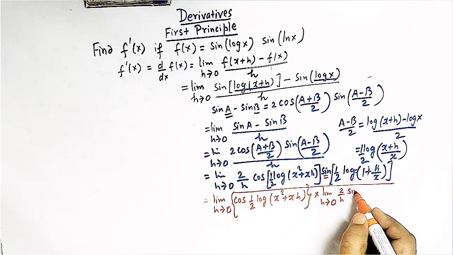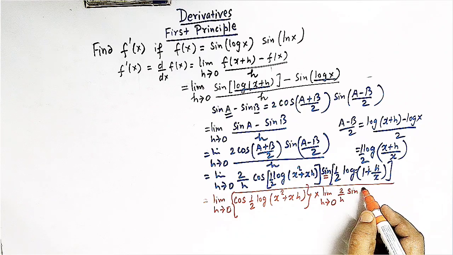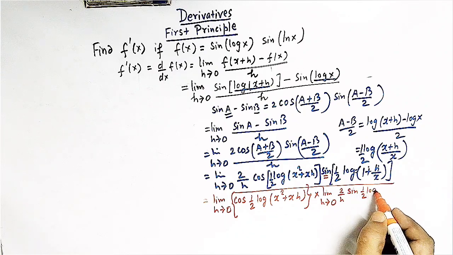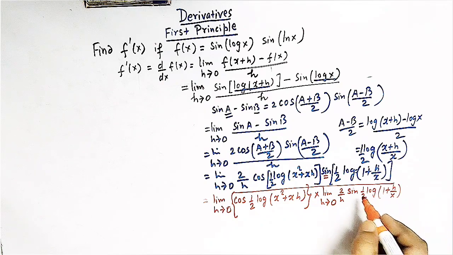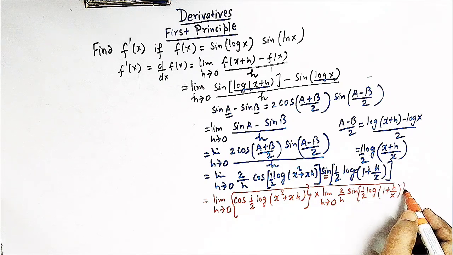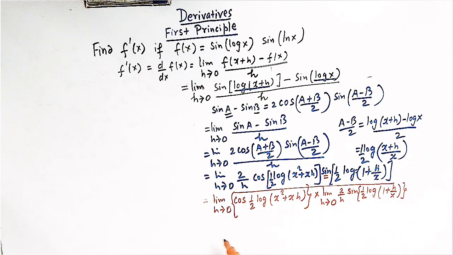So we have sine of half log of 1 plus h over x, over h, with the factor 2.